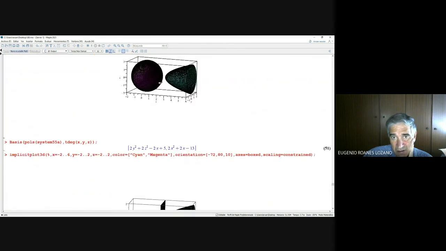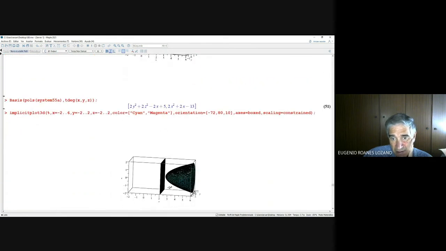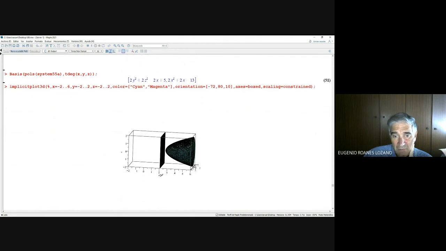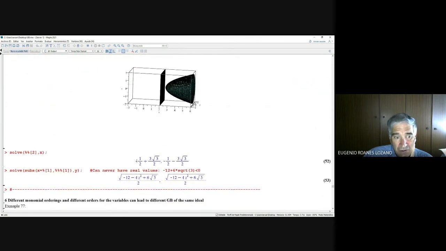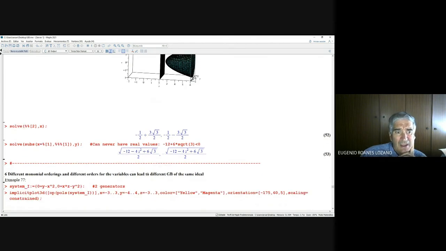Instead, the sphere is substituted by a vertical plane, and it's because the solutions are all imaginary. Here, minus 12 is bigger than 6 times square root of 3, so it's not possible to obtain a positive value if we subtract something else.